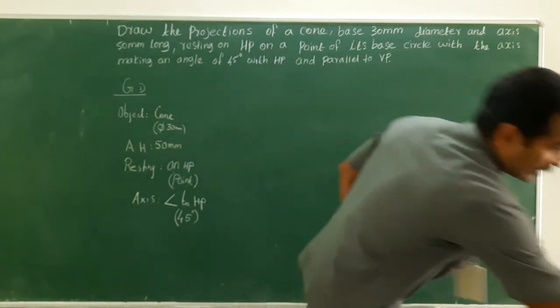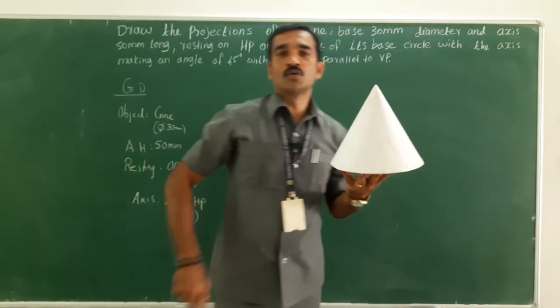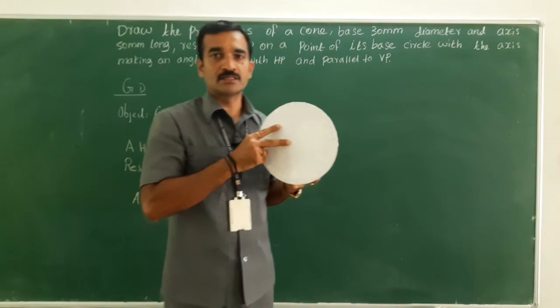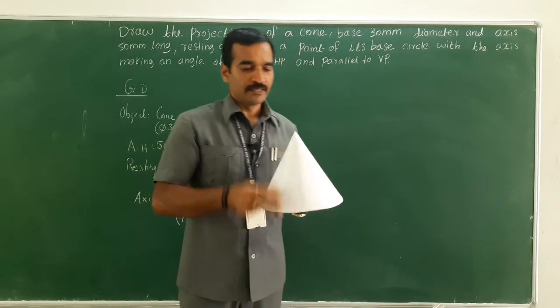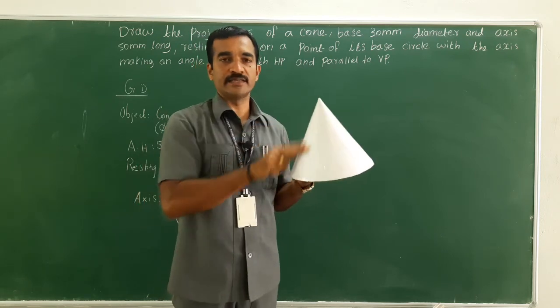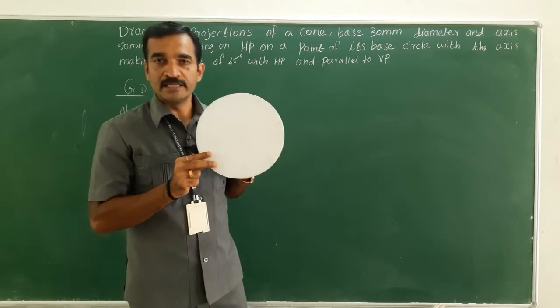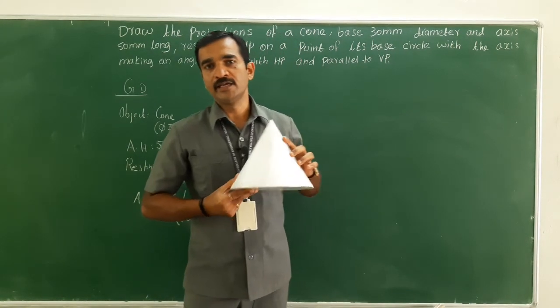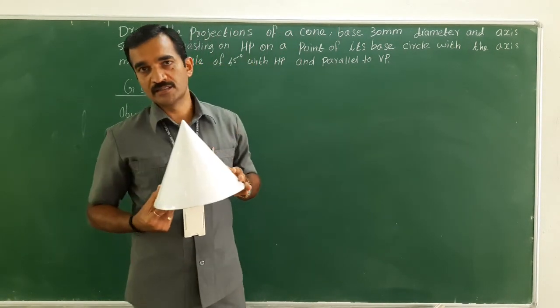Right. Here the object is a cone. This is apex or vertex. This is the base or bottom base. These are generators. As far as the cylinder and cone are concerned, they don't have any edges or corners, right?